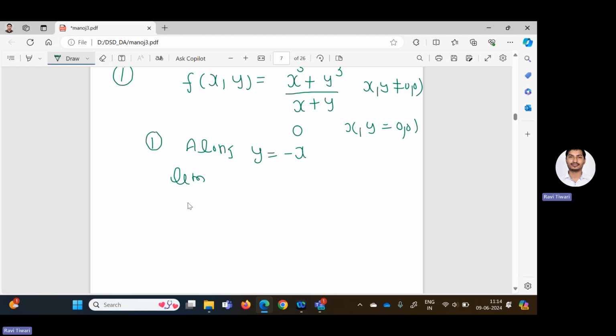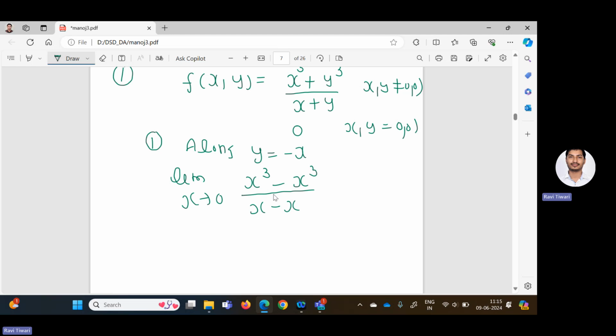Limit x tends to 0, x cube minus y cube will be what? With y equal to minus x, you will get minus x cube, so the numerator is 2x cube. And in the denominator, y equal to minus x, so this will be what? Minus x plus x, so 0.